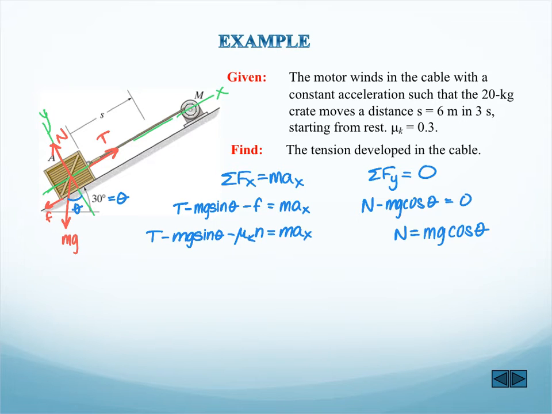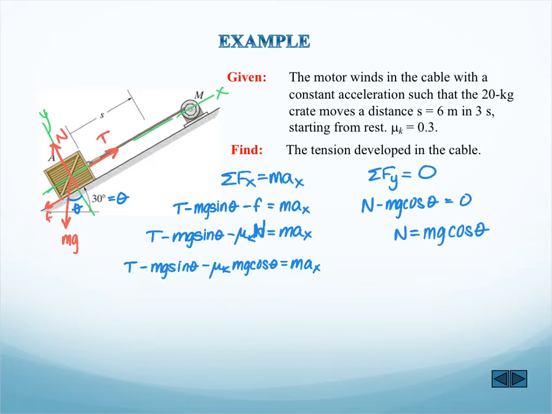I should have used capital N there. The normal force we already found from the other expression. And so you can see that we're really close to being able to figure out some information here.